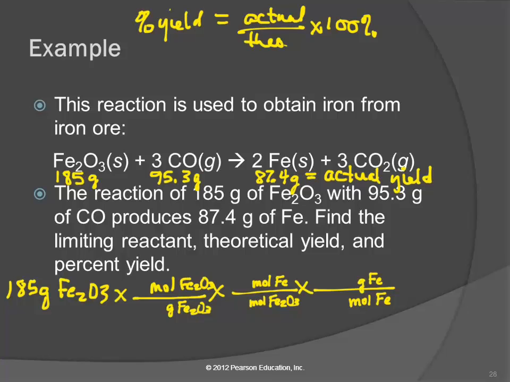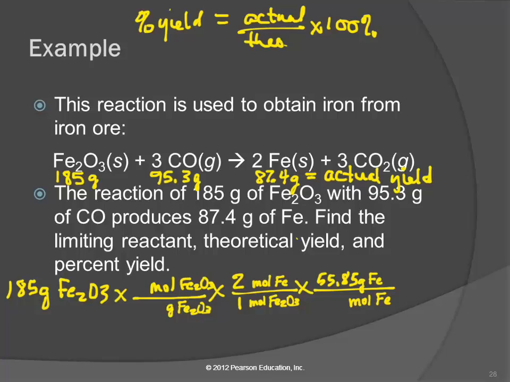Middle term's the easiest. There's a 2 in front of Fe in the equation, and there's an implied 1 in front of the iron oxide. The last one in this one is easy too. What's the molar mass of iron? We don't have to calculate it, we just look at the periodic table. 55.85. But we do need to calculate the molar mass of the Fe2O3.